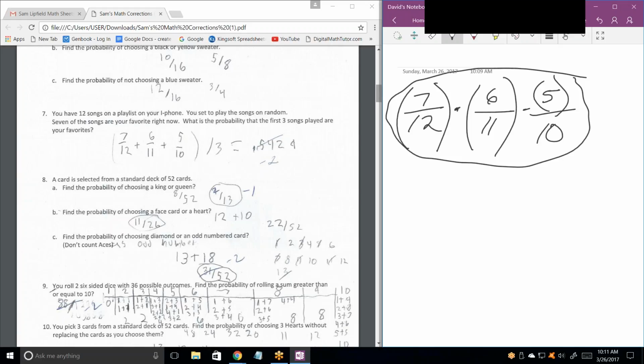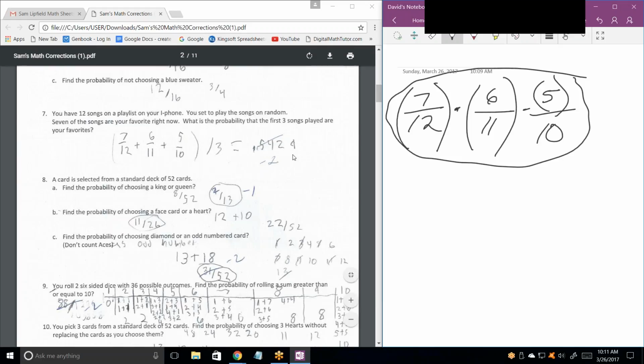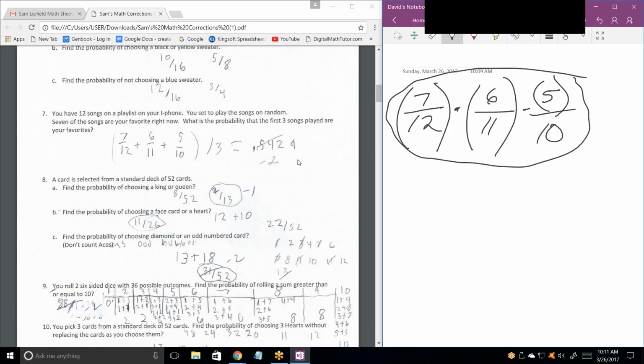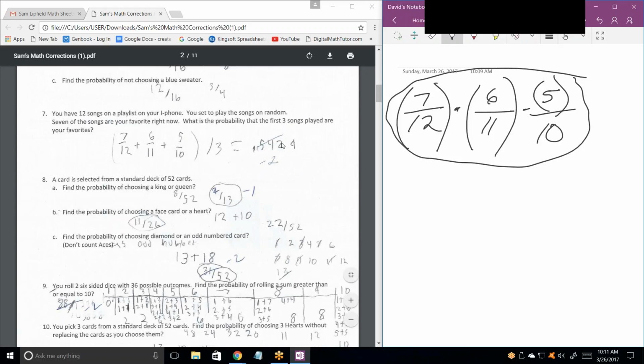Okay? And you should have some idea of a ballpark number when you're doing these problems. In other words, it can't be very likely that the first 3 songs played are all going to be your favorite songs. It might seem like 0.54 is a reasonable number, but not really. In other words, if they picked 1 song to play, 0.542 would be probably what 7/12 is.